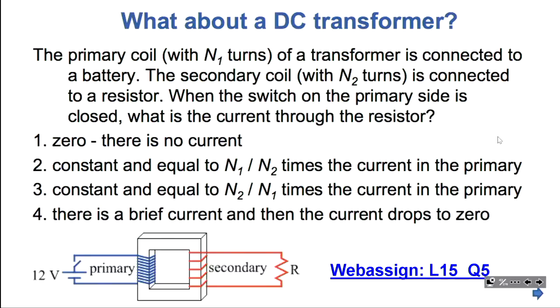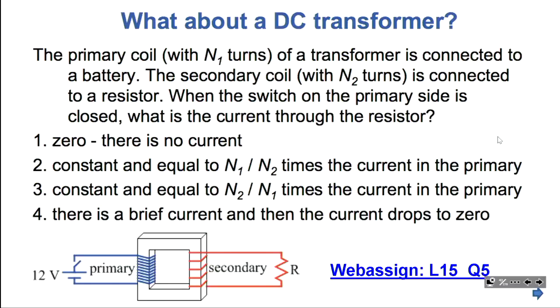So what's going to happen? Well, there are several options here. Number one is definitely wrong, because there has to be some induced electric current. But if right here, instead of a resistor, we would be using a galvanometer, what would it show?